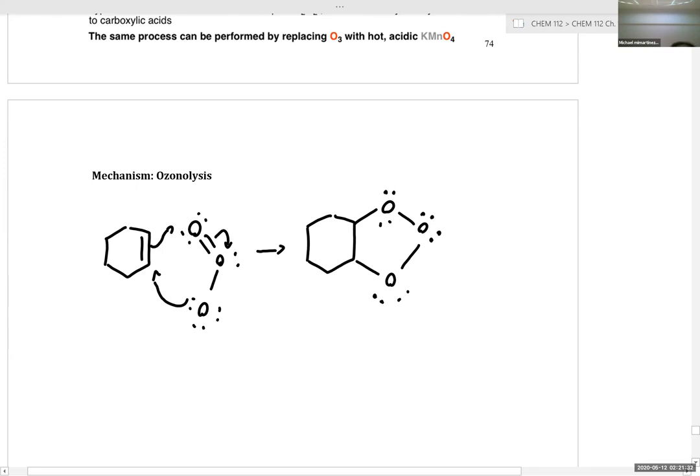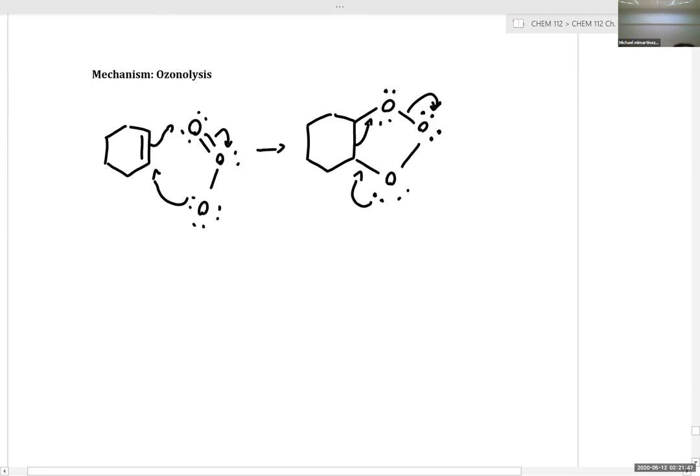First and foremost, we kick our electrons down and we generate the following intermediate.